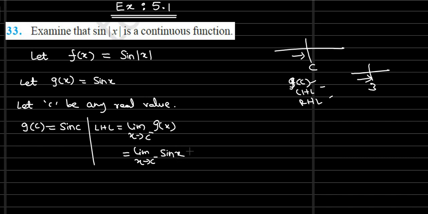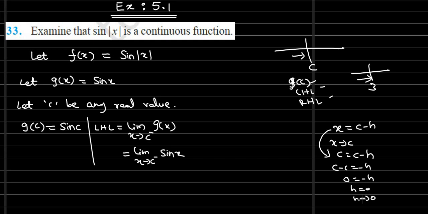So I'm going to make a substitution x as c minus h for the left hand limit, and for the right hand limit, x as c plus h. Now x is approaching c, which means c minus h approaching c, so h equals 0, that is h approaches 0. If x approaches c, h approaches 0.